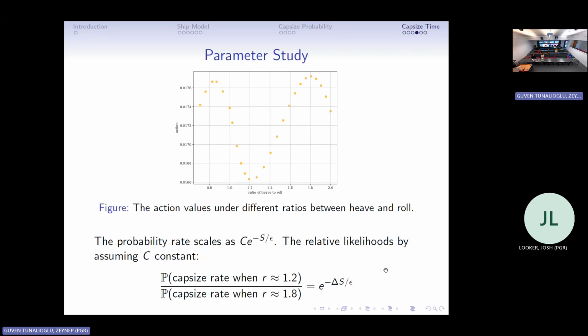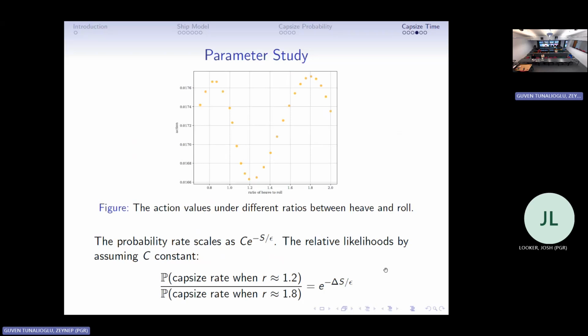And I think there's one more interesting result. Since we have different types of ships, and the way of heave and roll coupling is different for different ships, this compares how the probability changes for different ways of coupling heave and roll.